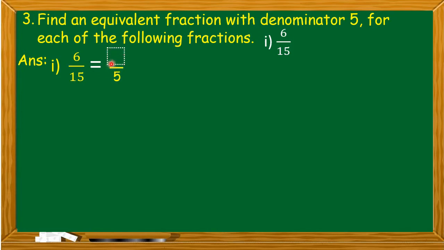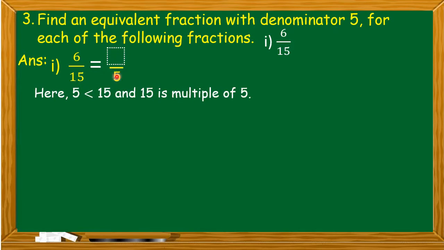First, compare the denominators of both the fractions. Here, the denominator of the missing numerator is smaller than the other denominator 15, and 15 is a multiple of 5.